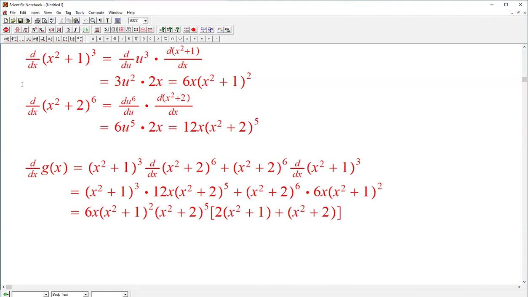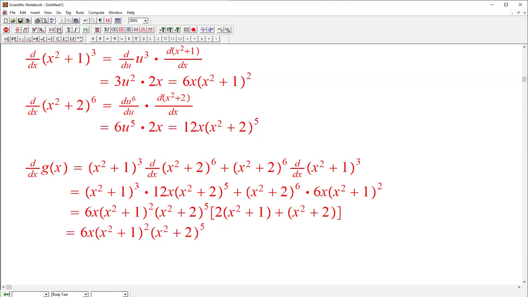Okay, so it's almost done. We're just going to organize the terms inside the bracket. And everything else is in factored form. We can just keep it. Okay.